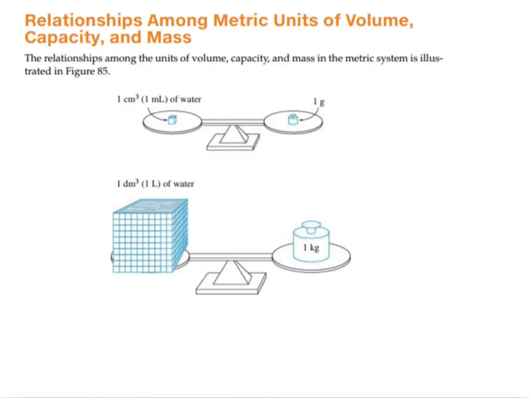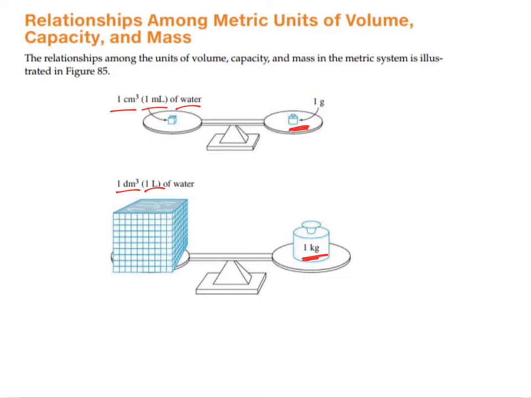All right. And one more connection. Again, there's what we saw. 1 cubic centimeter or 1 milliliter of water is 1 gram. That's the mass of water. And then over here, 1 cubic decimeter, a liter of water, is 1 kilogram.